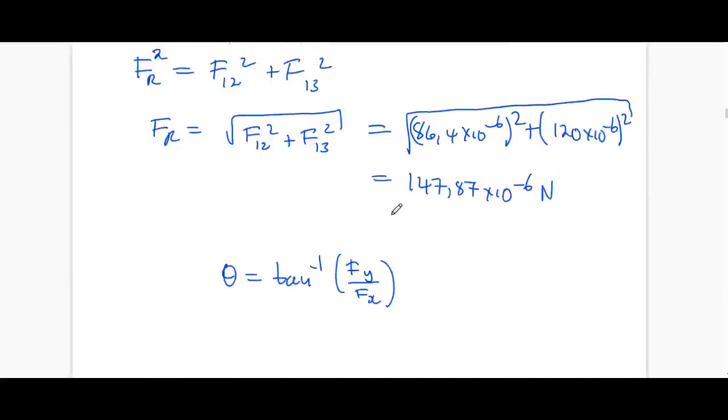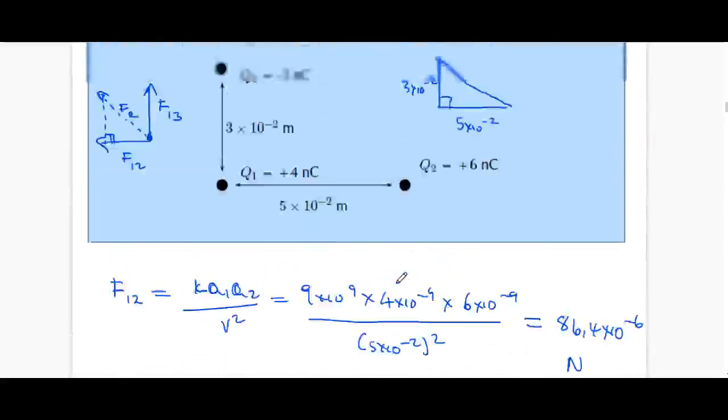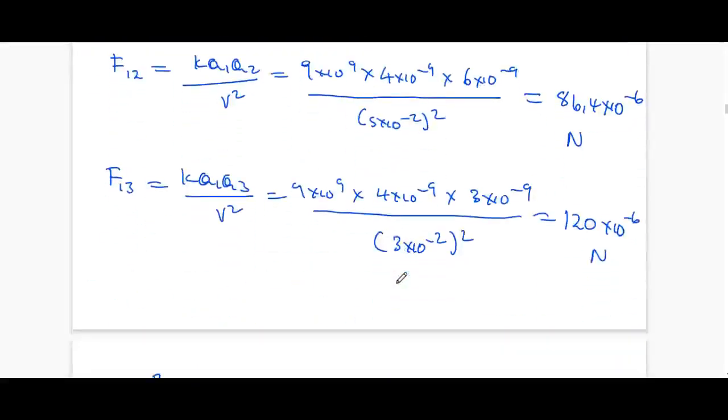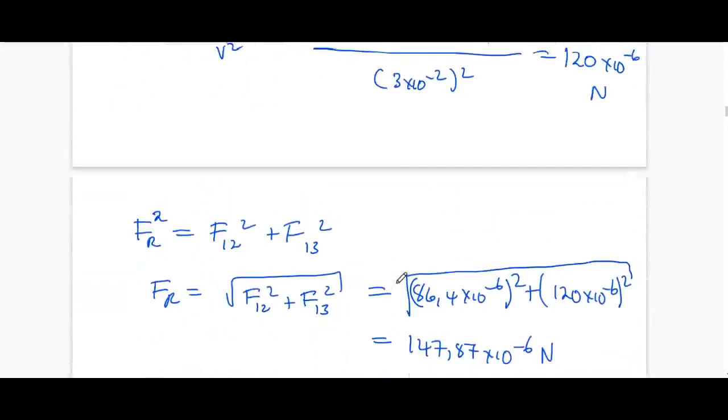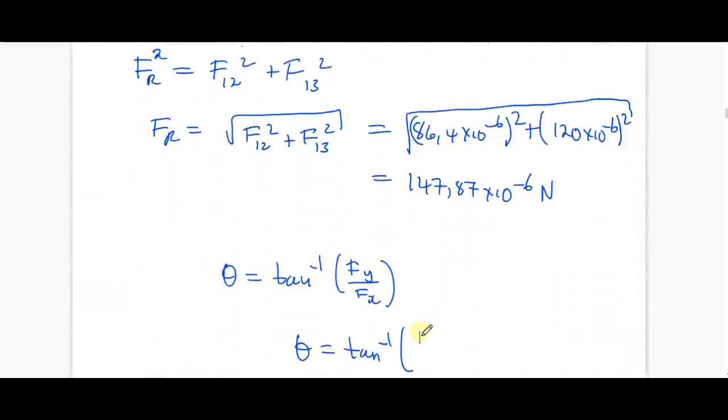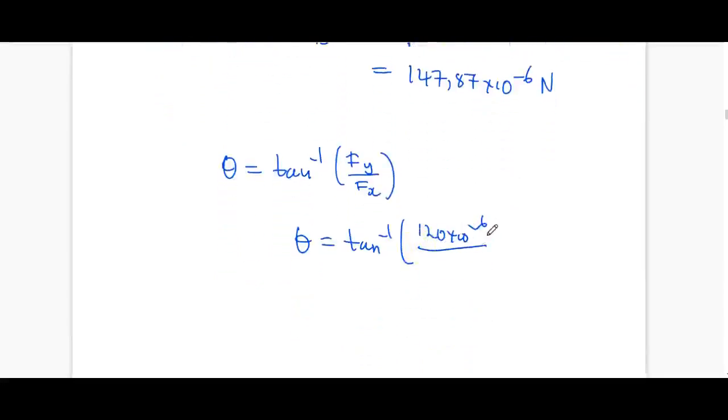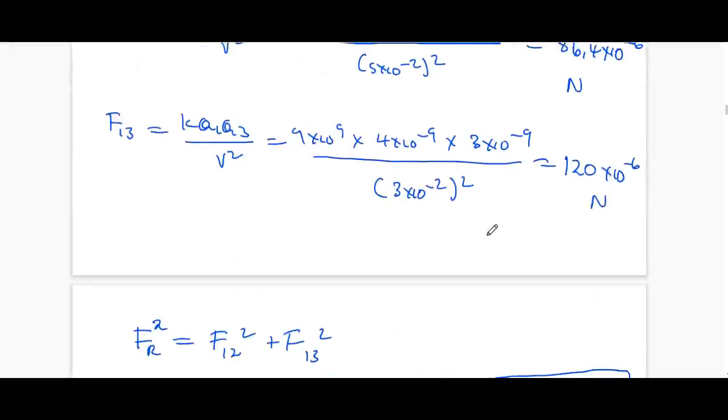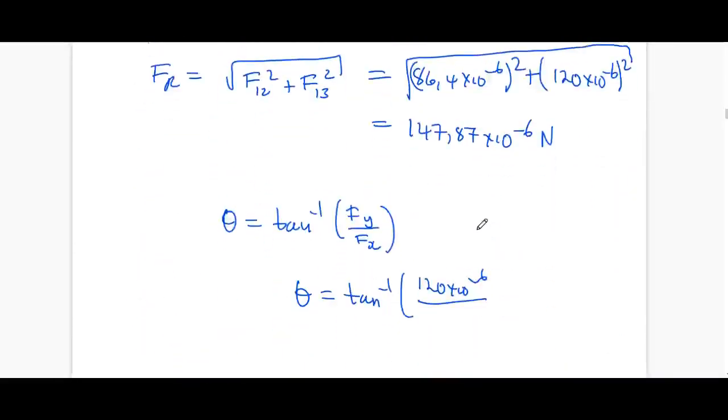So here we're going to say theta is arctan of Fy. Fy we say it is F13, right? How much is F13? 120 times 10 to the power minus 6. So 120 times 10 to the power minus 6 divided by 86.4 times 10 to the power minus 6.